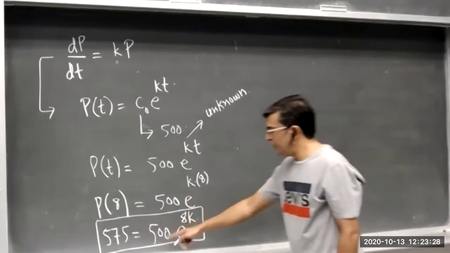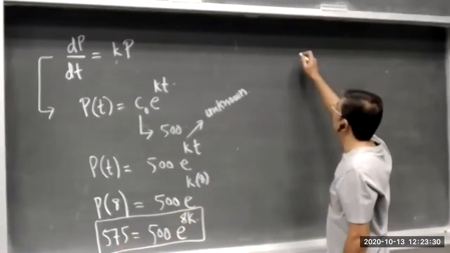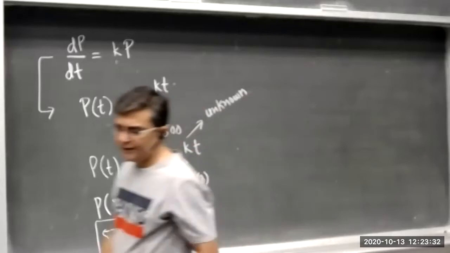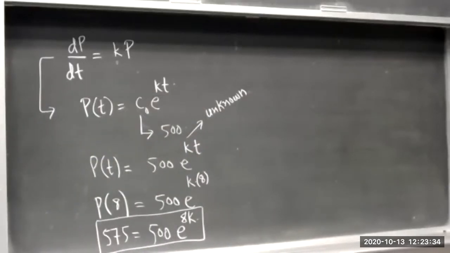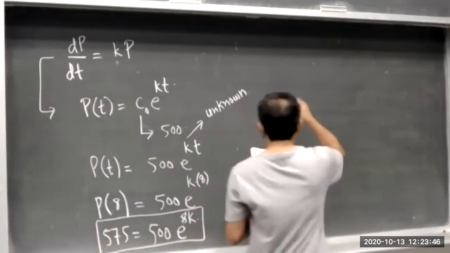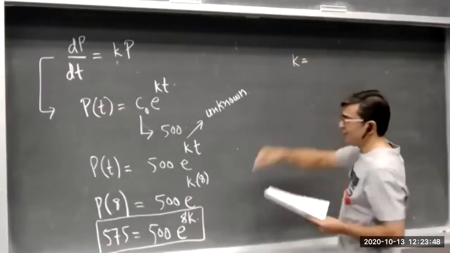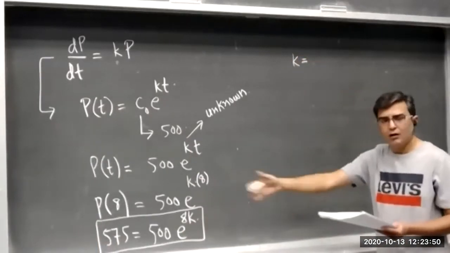So now we divide this on the other side. What do we get here? We get 1.15 equals e raised to the power 8k. You get k after solving this equation by taking log on both sides.